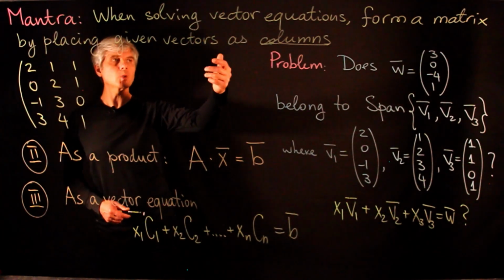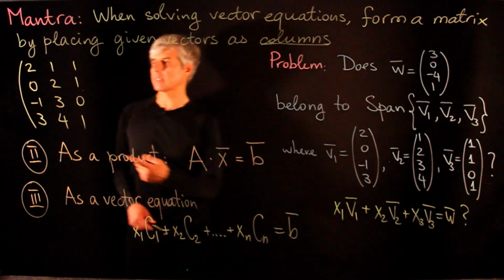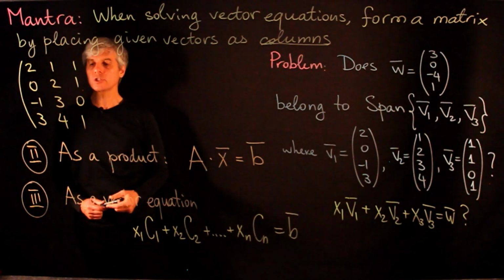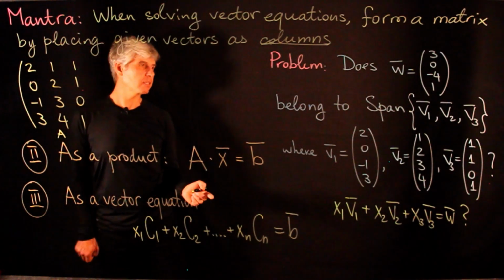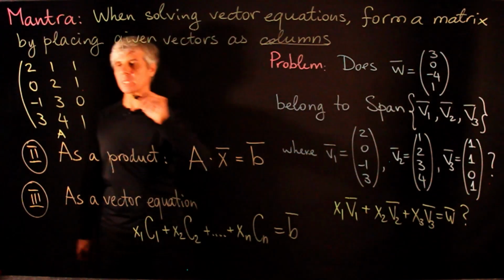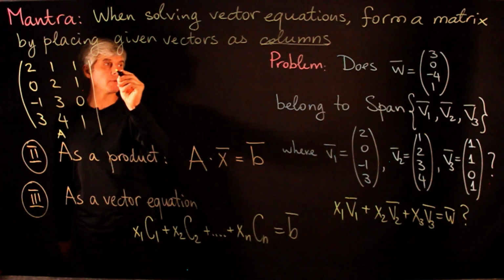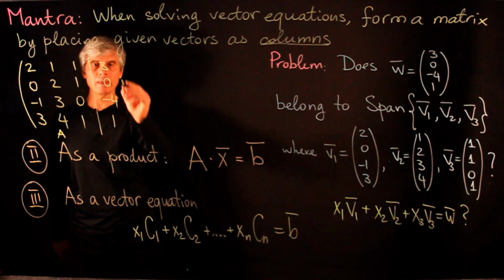So if we follow this rule, then we take these 3 vectors and place them as columns. This will give us a coefficient matrix, right? So this will be matrix A. And here we have the right-hand side column, which becomes part of the augmented matrix. So we put 3, 0, negative 4, 1.